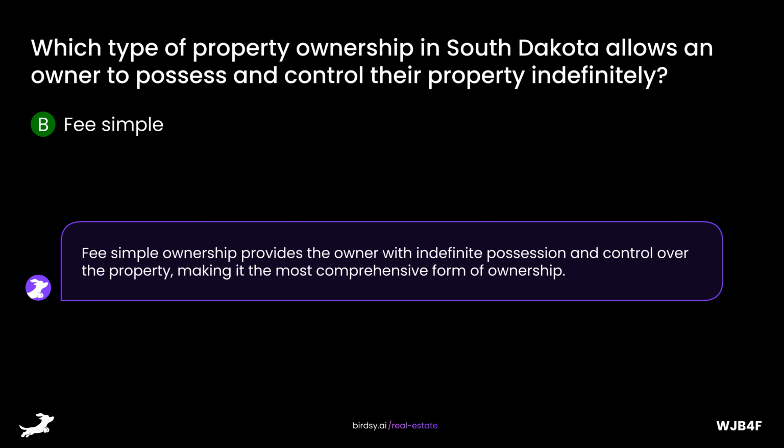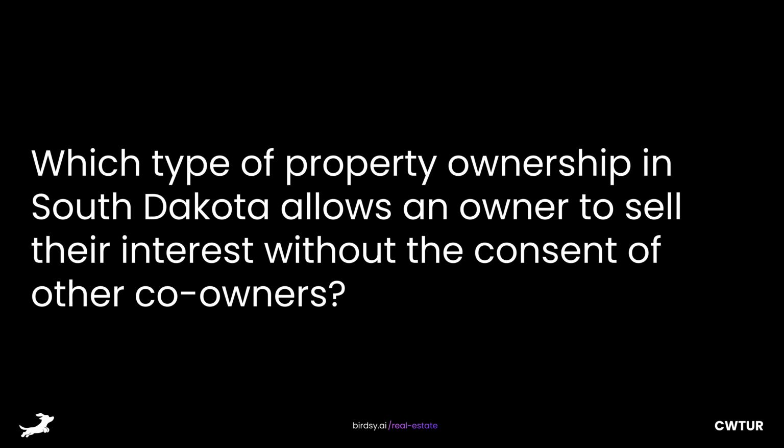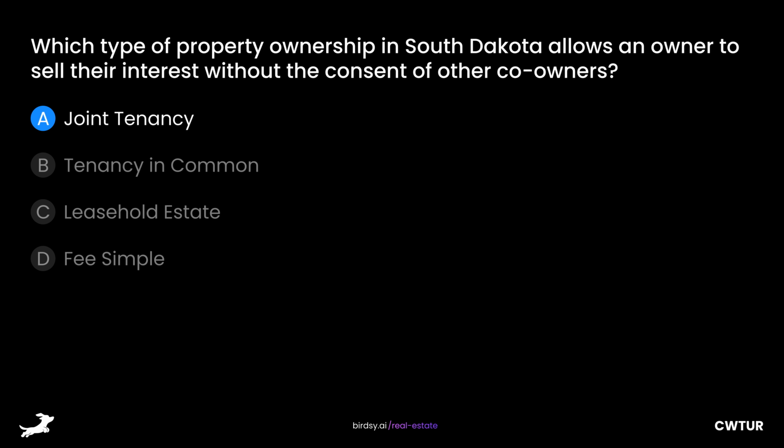Fee simple ownership provides the owner with indefinite possession and control over the property, making it the most comprehensive form of ownership. Which type of property ownership in South Dakota allows an owner to sell their interest without the consent of other co-owners? Is it A, joint tenancy, B, tenancy in common, C, leasehold estate, or D, fee simple?